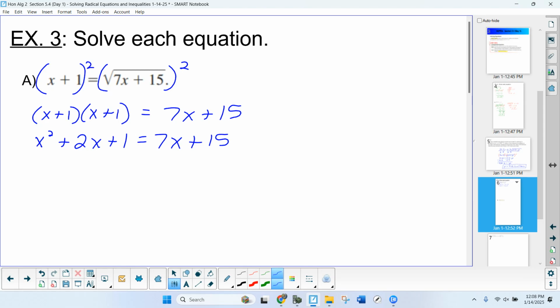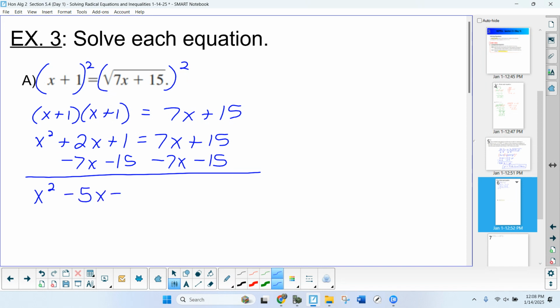What do you want to do to bring it over to one side? Subtract 15 and 7x. And when you do, what do you have left? Minus 5x minus 14 equals 0.